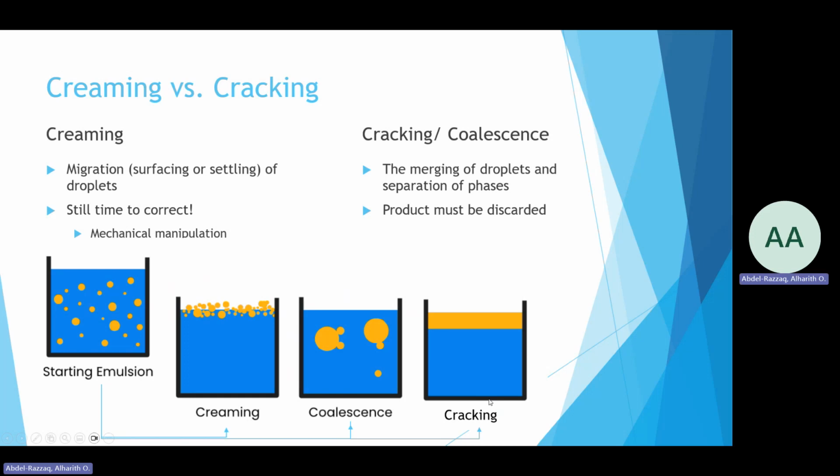And if the micro droplets' density is less than the other phase, these will rise to the top. Over time, the creaming causes the product to become non-homogeneous. So once it becomes non-homogeneous, we have our coalescence and cracking phase, and it needs to be discarded and recompounded.